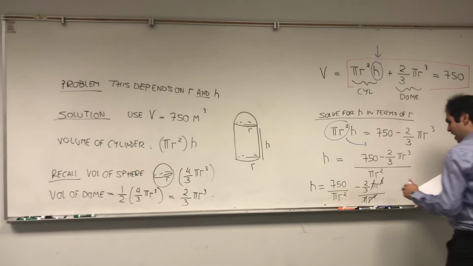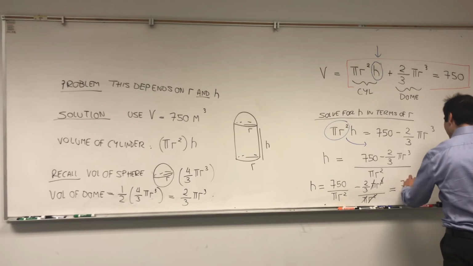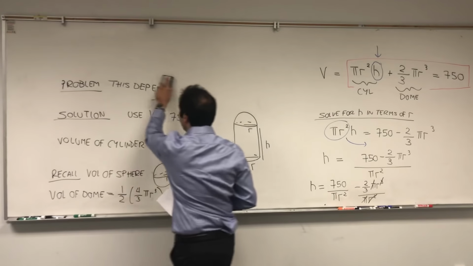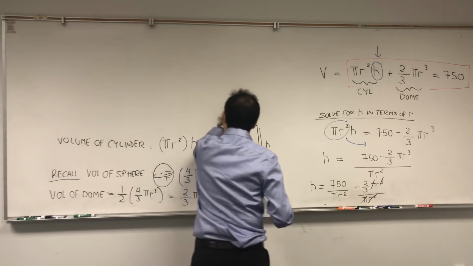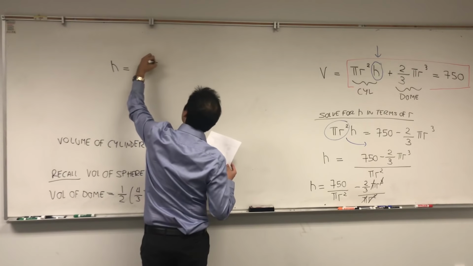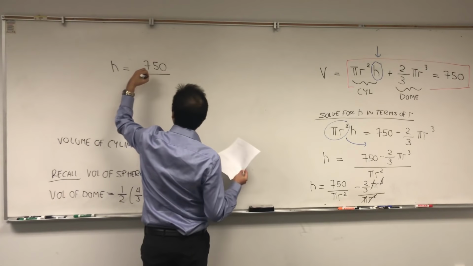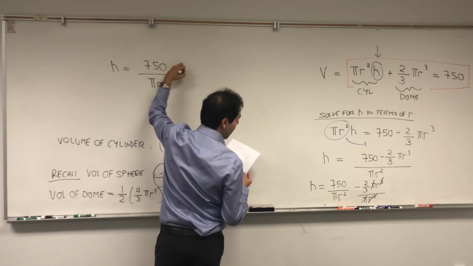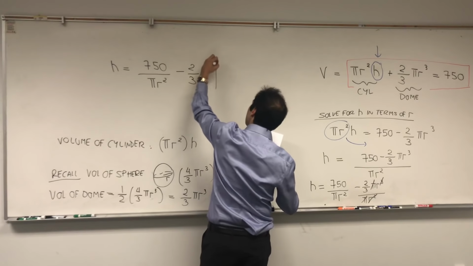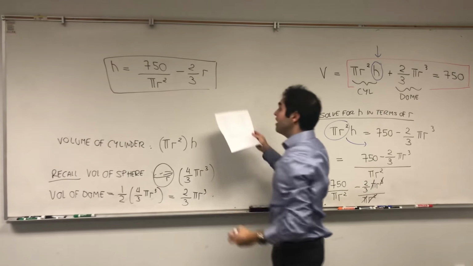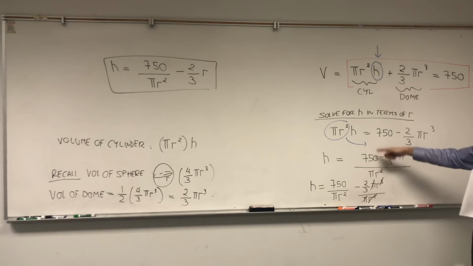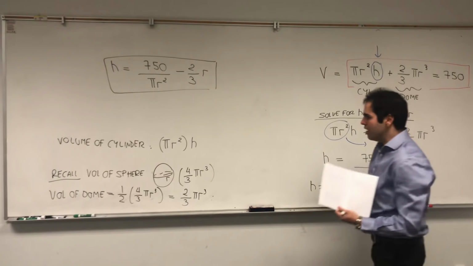Maybe let me write that on a new part of the board. So h is 750 over pi r squared minus 2/3 r. And that's wonderful. We wrote h in terms of r, again, without much effort. You just solve this simple equation.